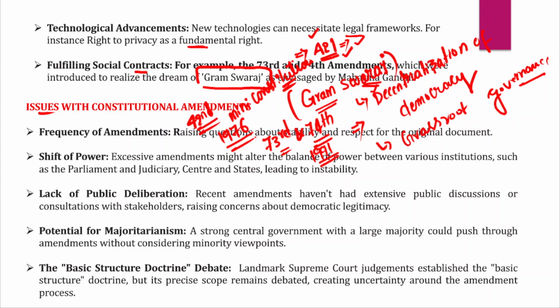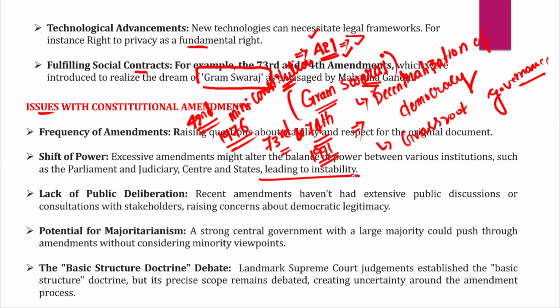So that will not ensure a balance of power, and that will also impact the checks and balances between these organs as well. So therefore, it could potentially lead to what? It could potentially lead to the creation of instability in a political system.